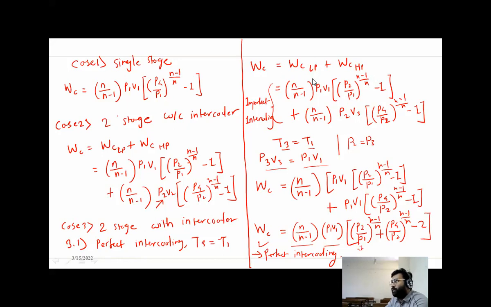Work in low pressure is the same as previous: n upon n minus 1 P1 V1 into bracket P2 by P1 raised to n minus 1 upon n minus 1. But here the high pressure work will be slightly different: n upon n minus 1 P2 V3 into bracket P4 by P2 raised to n minus 1 upon n minus 1. So this is the work required for the compressors with imperfect intercooler.